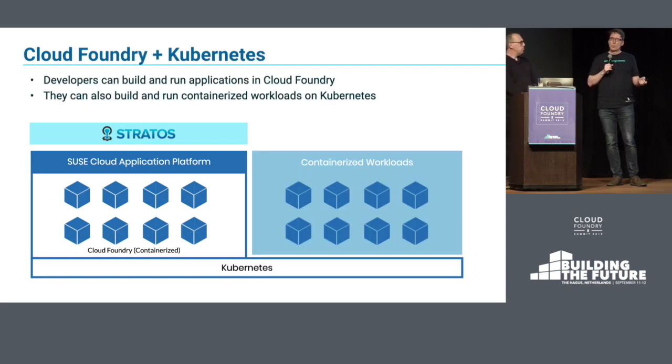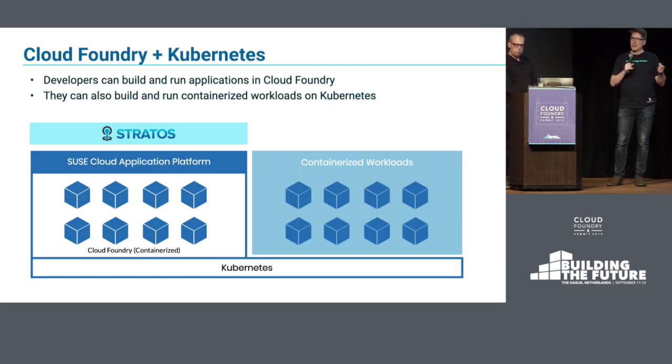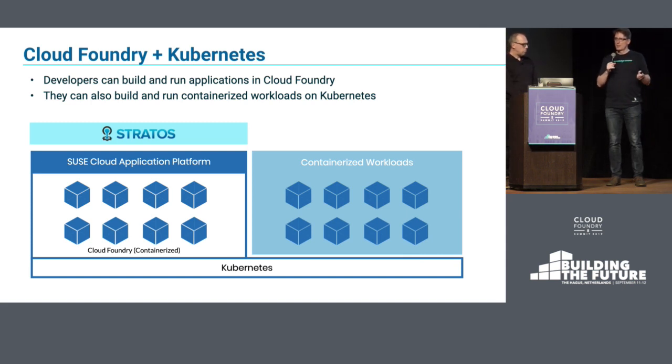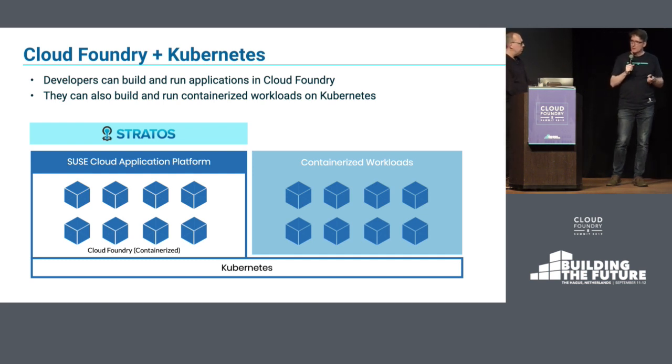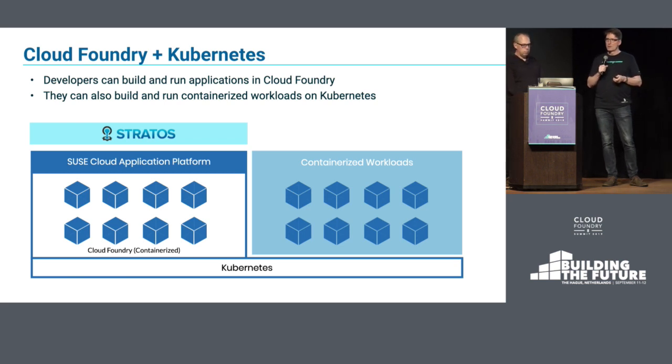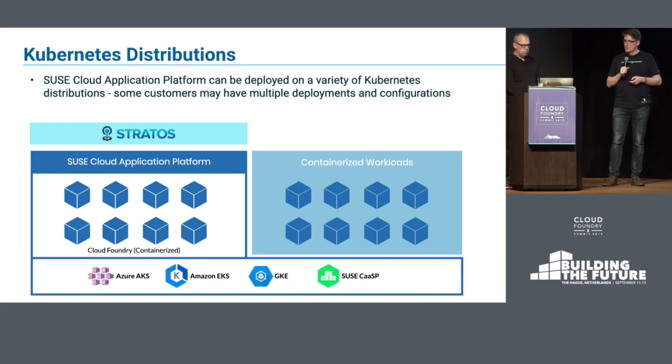And so when we wanted to build a UI, we initially built Stratos as the interface to the Cloud Foundry portion of this puzzle. People were running containerized workloads on Kubernetes beside it, or we anticipated that they would. But initially, Stratos' mandate was to be the interface for Cloud Foundry.